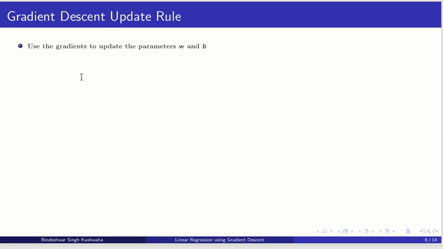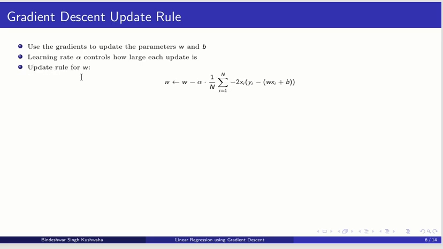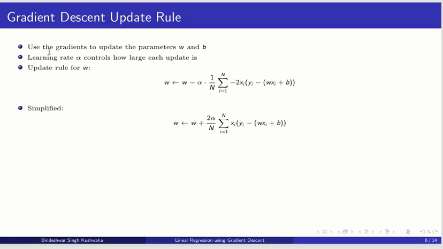Now use gradient descent to update. So we will update like this one. So new w equals old w minus alpha, that is the learning rate, times this part of the loss function, or you can write it in the same way like this one.